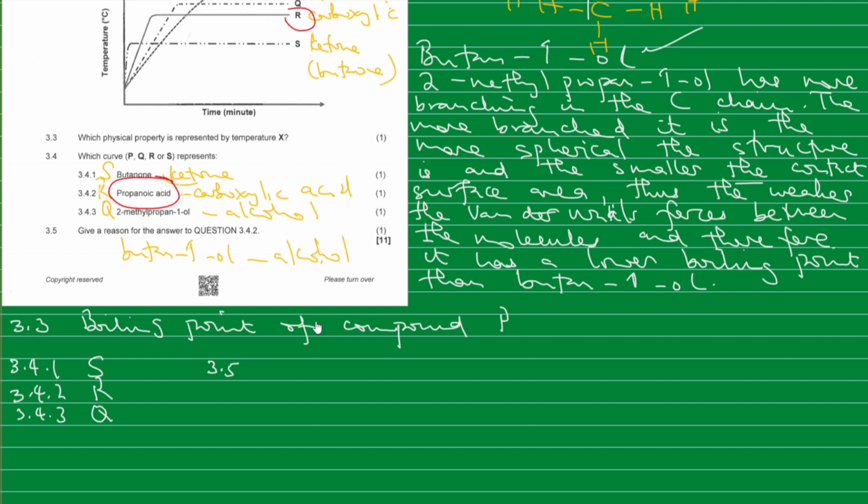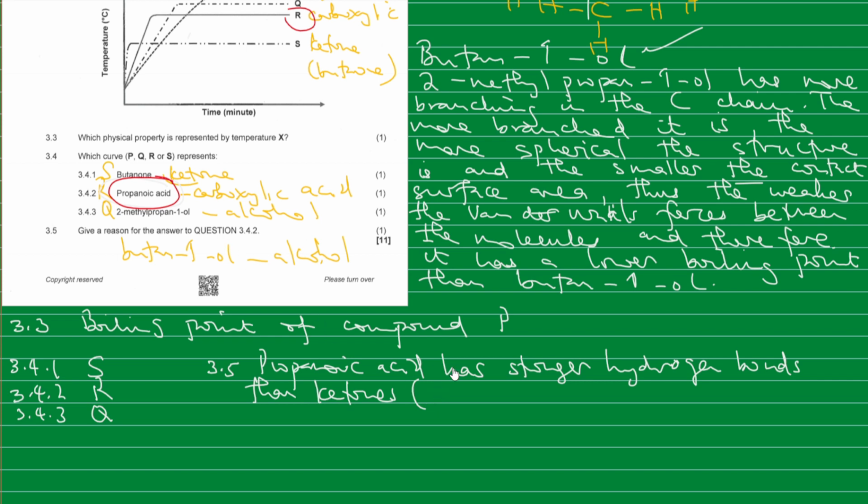So to answer here, we can say propanoic acid has stronger hydrogen bonds, stronger intermolecular forces than ketones, which is our butanone.